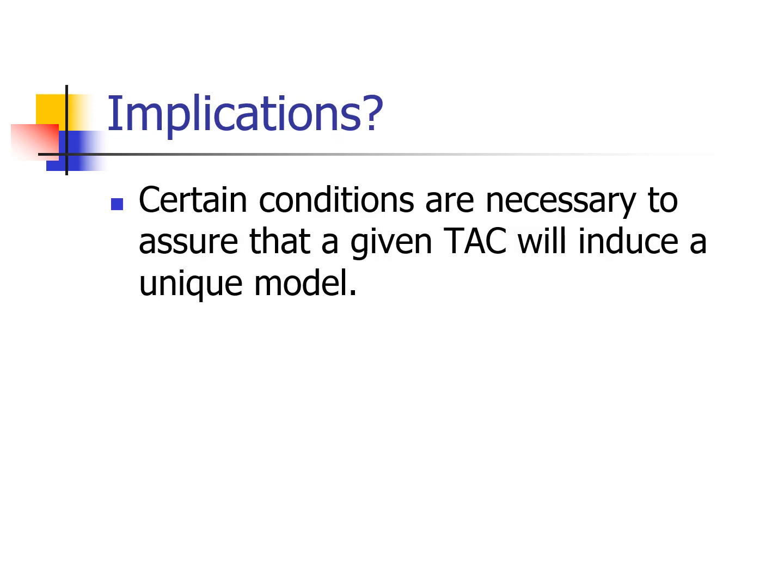So the implication is that certain conditions are necessary to assure that a given autocorrelation function will induce a unique model. We're going to talk about what those conditions are in a few slides. Not immediately, but before this lecture is over. Essentially, these are the conditions that are going to help guarantee invertibility. And when these conditions are violated, that's when SAS is going to give us errors.